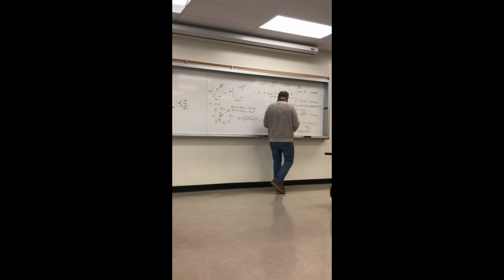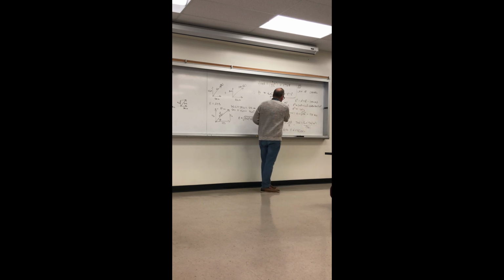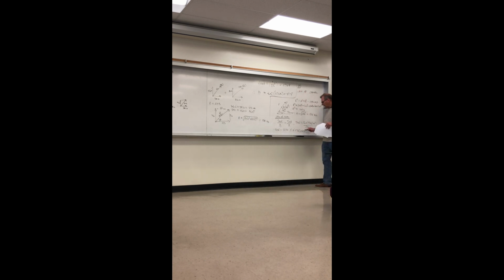Oh, sorry. Alpha prime. I read my notes wrong. This makes more sense. This small angle there. The sine of alpha prime is 0.13. I take the arc sine of that to get the angle, and it's 7.5 degrees.